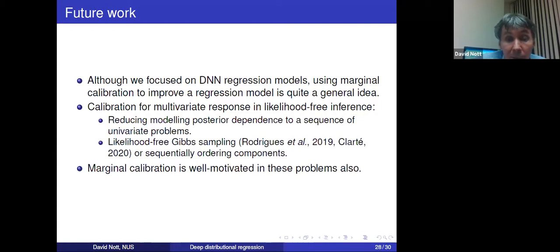One way to do regression with a multivariate response is to reduce it to a sequence of univariate regression problems. For example, you could consider likelihood-free Gibbs sampling, where you try to approximate each full conditional distribution with regression.